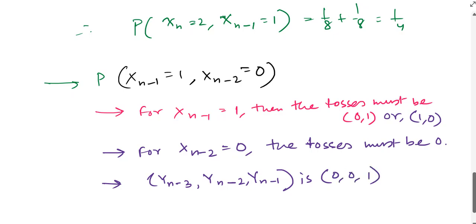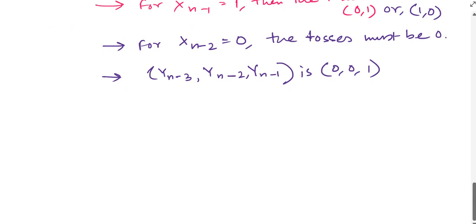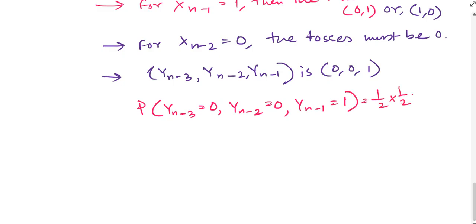So the probability of this sequence, that is probability of Y(n-3) equals 0 and Y(n-2) equals 0 and Y(n-1) equals 1, is half into half into half, that is 1 by 8.